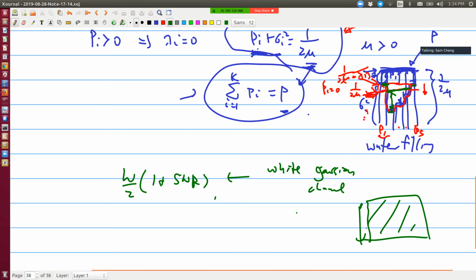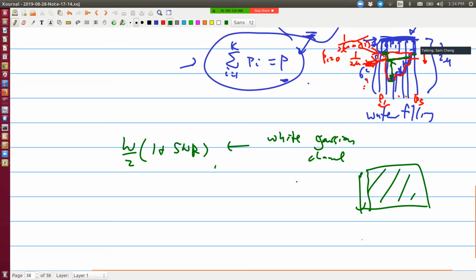But now if I have a more realistic, colored one, as we draw, a shape like that, whatever, then what's the capacity? The capacity won't be equal to this, because at different powers, the optimum way to allocate the power should be different.